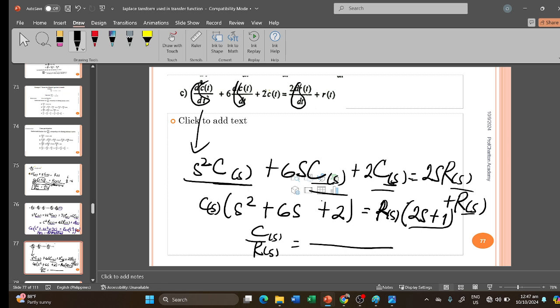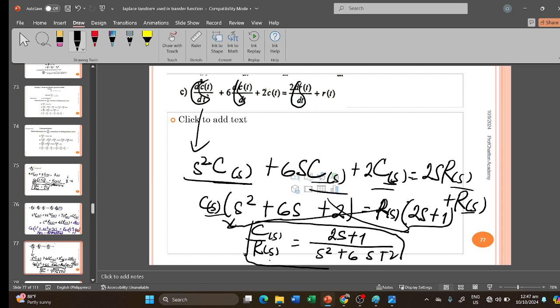We retain C, then this goes down to the denominator. So 2s plus 1 over s squared plus 6s plus 2. Okay, so that's the answer.